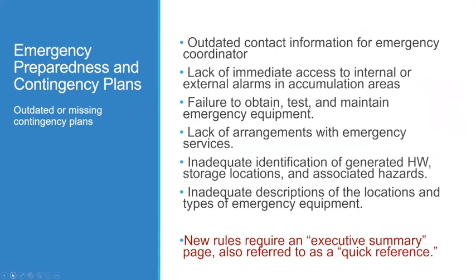Part of the new rules is a requirement, when you update your plan as an LQG, to provide an executive summary they're referring to as a quick reference, so that when there's an emergency, you've got a sort of cheat sheet for what your process is and what kind of waste you have there. Next slide.